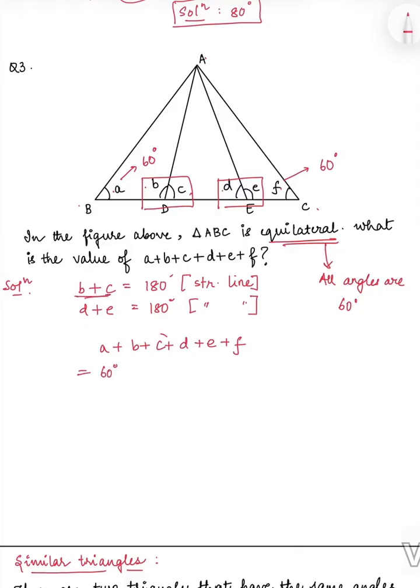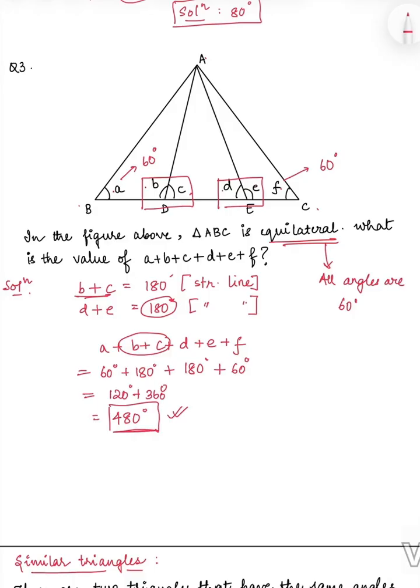B plus C, this part was 180 degree. Again D plus E is 180 degree and F is 60 degree. So just add them up. So this is 120 plus 360. So that gives us 480 degree. So this is our solution for this particular question, right?